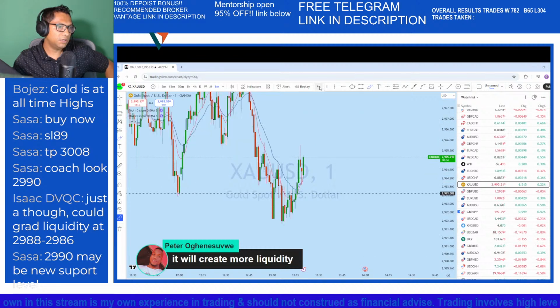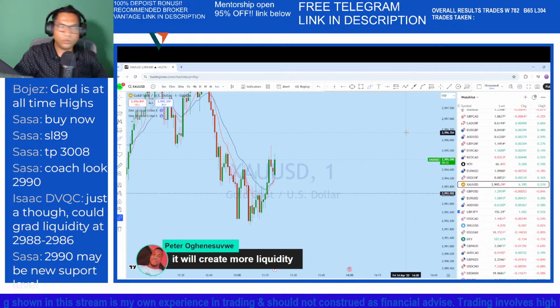If we see that bounce, we may see a continuation to the upside.